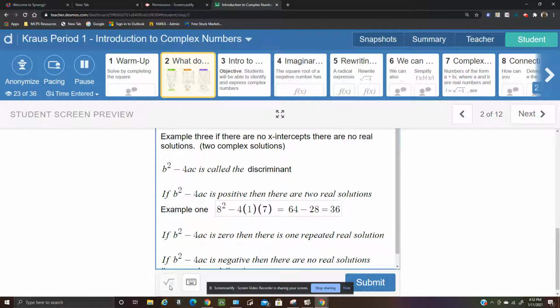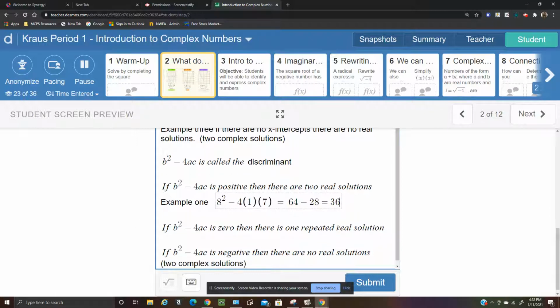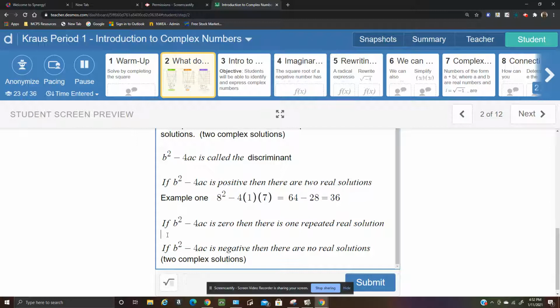So the discriminant is positive, there's two real solutions.